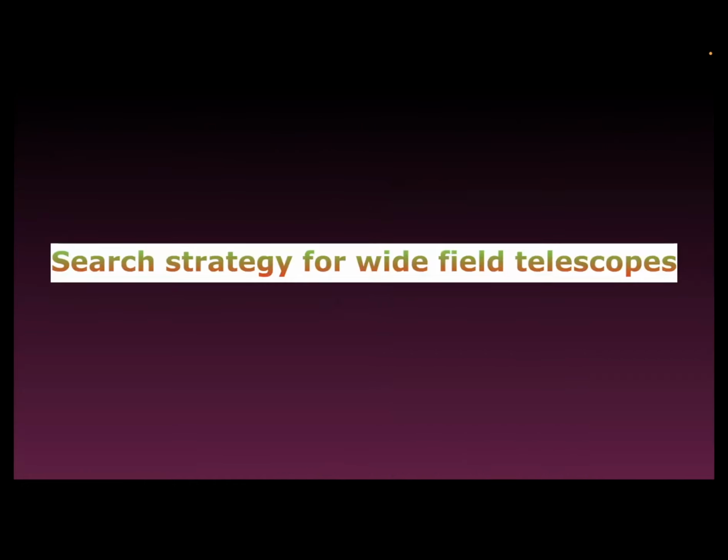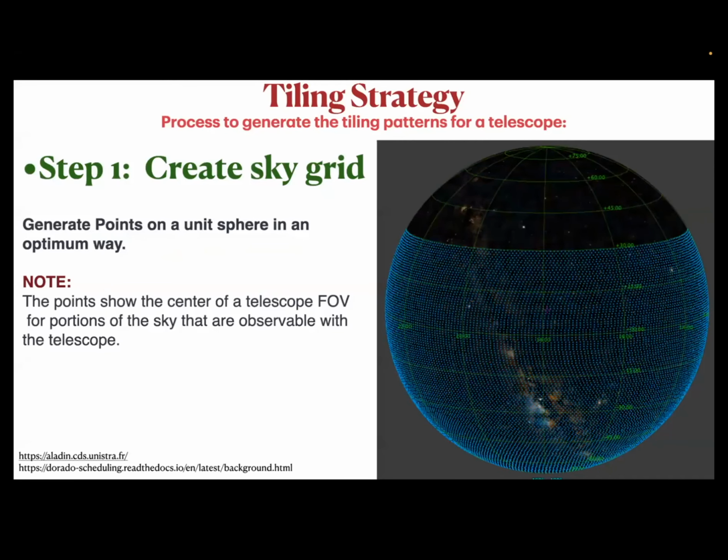Now I want to talk about the search strategy for wide field telescopes, and for the last slide, I just focus on this strategy. At first, we should create a sky grid. For example, you consider the sky as a sphere, and this blue point shows the center of the field of view of the telescopes.